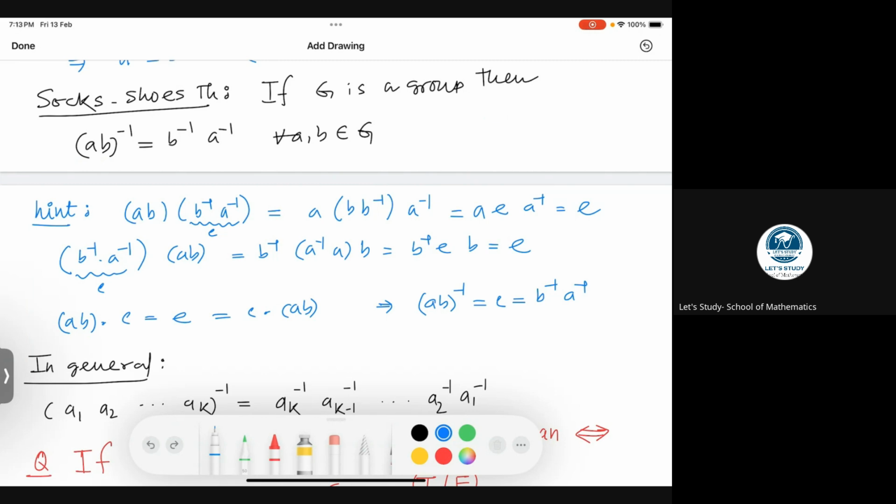So the hint here is that the inverse of AB is B inverse A inverse. Just show AB into this element is equal to identity, and this element into AB is also identity. It will imply the inverse of AB is B inverse A inverse.